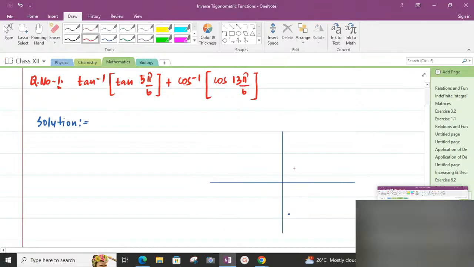This is the first quadrant, this is the second quadrant, this is the third quadrant, and this is the fourth quadrant. 5 pi by 6 is greater than 90 degree but less than 180 degree, so this one lies in the second quadrant.